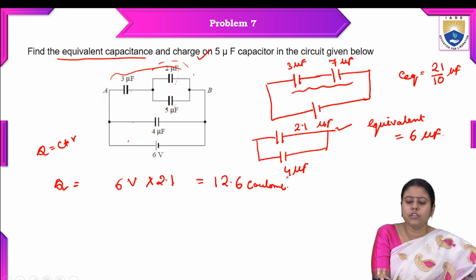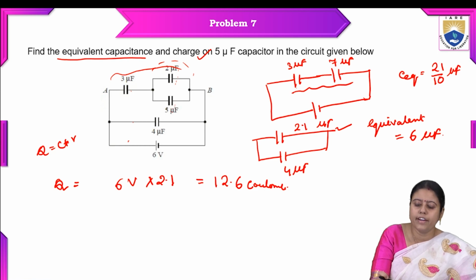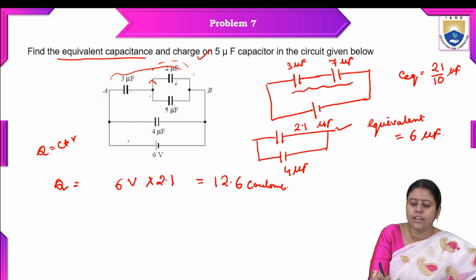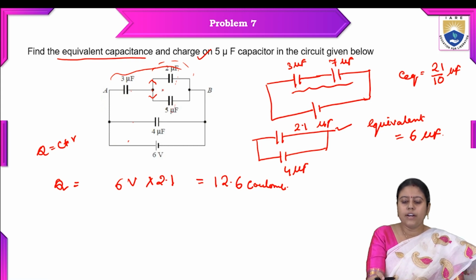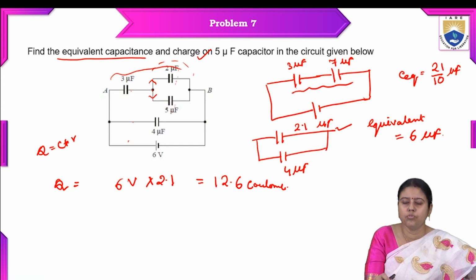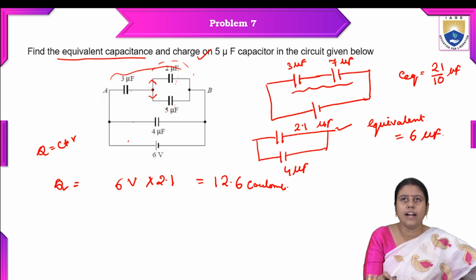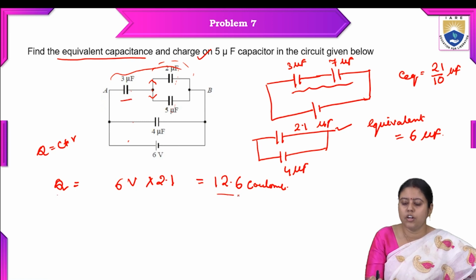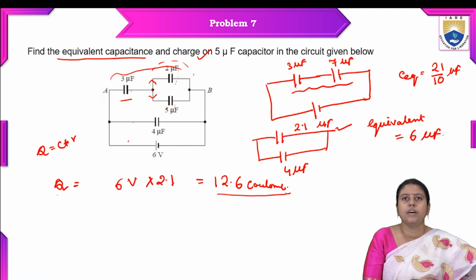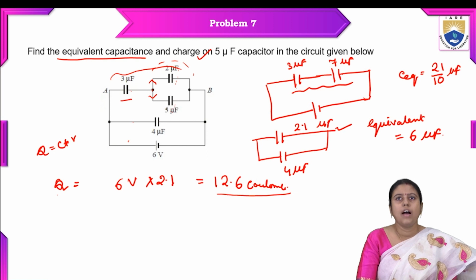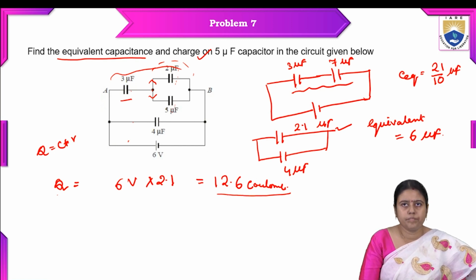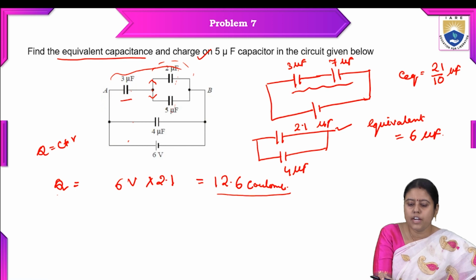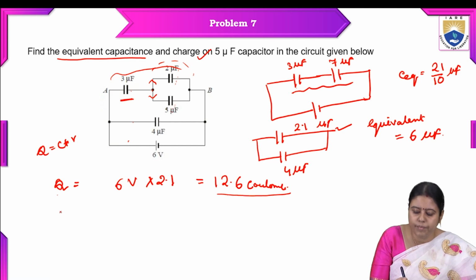Now the total charge will be divided into the two parallel paths. So what is the charge distribution of these two? We know the total charge Q is equal to 12.6. What is the voltage across the 3 microfarad?